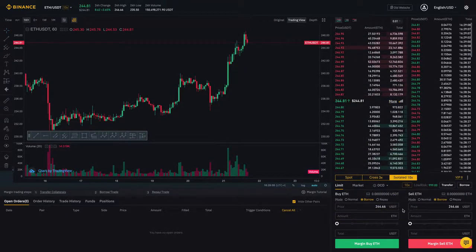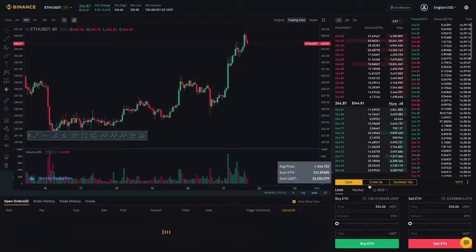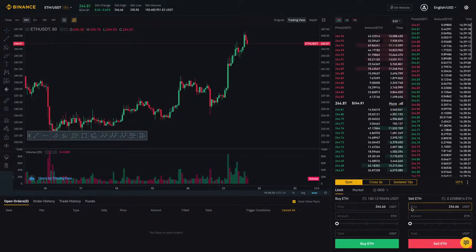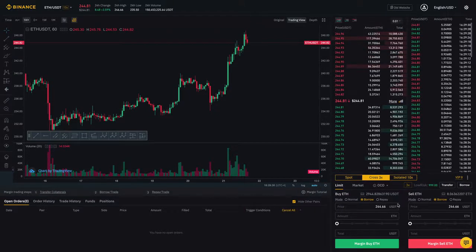I mean, it is kind of confusing, especially if you're new to crypto and you don't really know how to trade just yet. It can be overwhelming. Honestly, if you're new to crypto, just stick with the spot section right here. If you're feeling kind of risky, then maybe do some margin trading, but I wouldn't recommend that unless you knew the risks of margin trading.